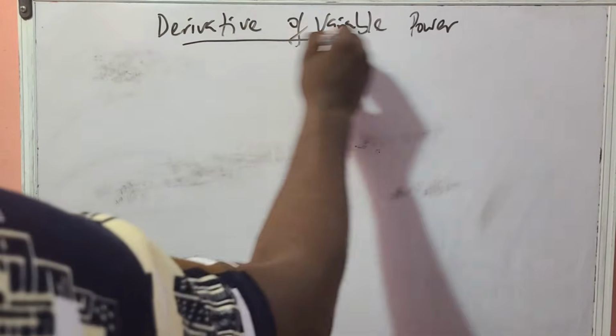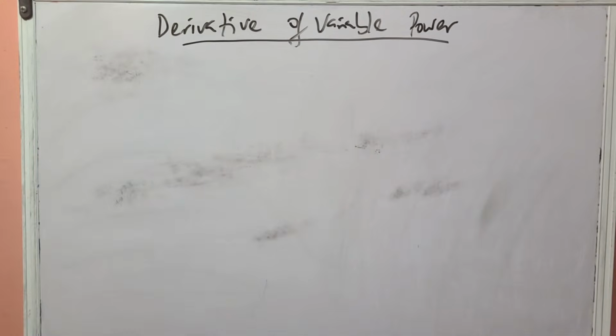But once you're able to know all these different aspects, how to solve exponential, how to solve logarithm function, how to solve polynomial functions, you will not have issues. I can assure you. So now we want to talk about derivative of variable power. This is an example. Let me just give you how questions like this used to go.